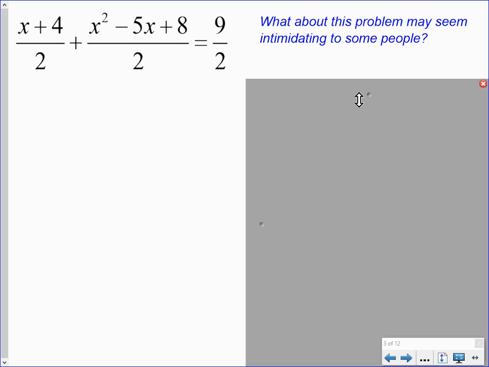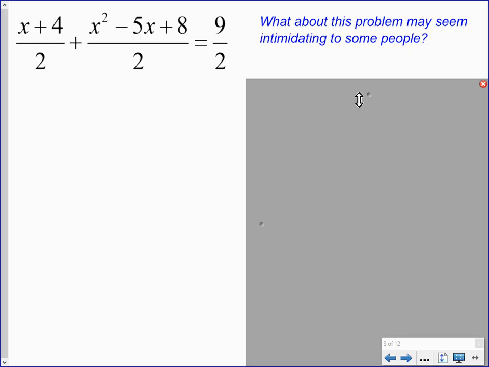And the big thing that in my experience as a math teacher really intimidates people is the fact that, going along with what Faith said, there are 3 fractions. So I'm going to talk about a method where, wouldn't this be nice if we had an equation with x's and x squareds, but we didn't have any fractions anymore? Most of us would feel a lot better about the equation if there weren't fractions.